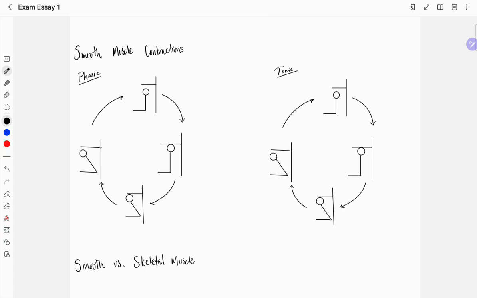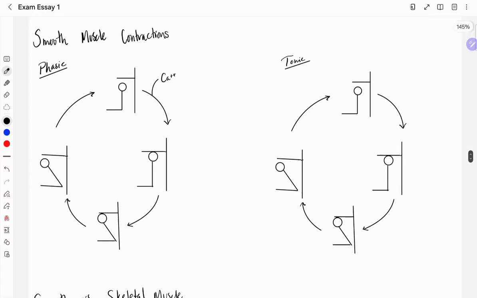Now, phasic, again, calcium. We need calcium. That's our starting point. And with this smooth muscle contraction, something to note that's a little bit different here with the calcium is that calcium, instead of being used to bind to troponin, calcium affects our myosin light chain kinase, which is an enzyme involved in smooth muscle contractions.